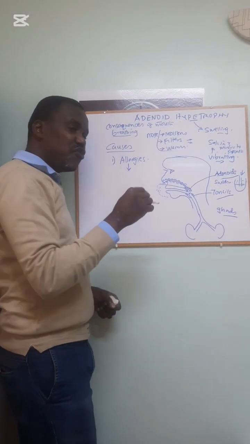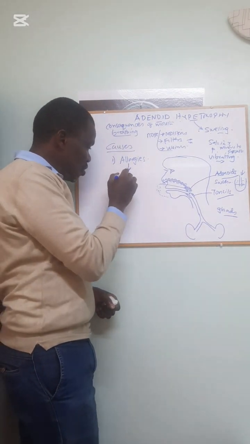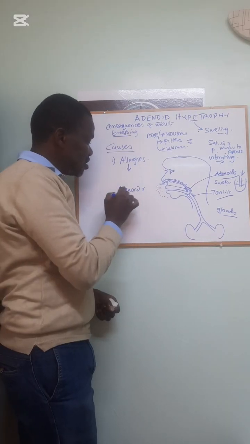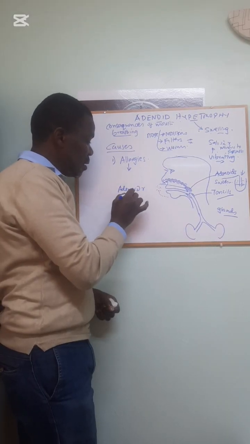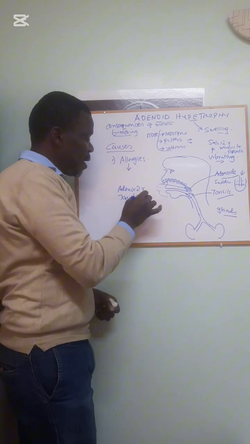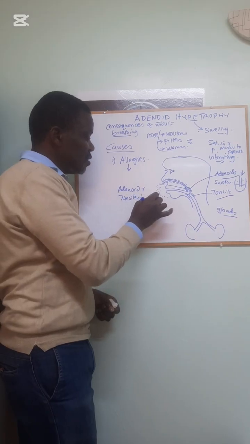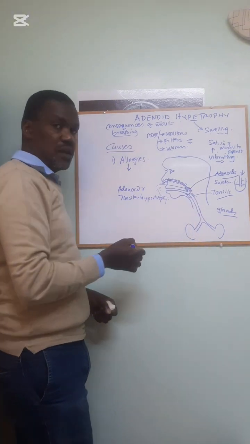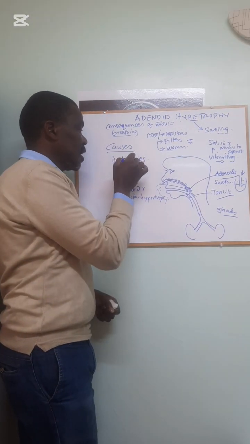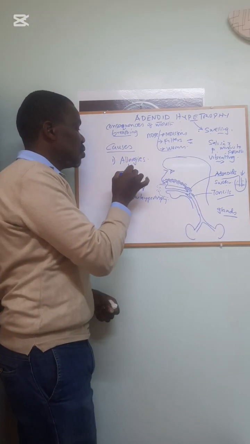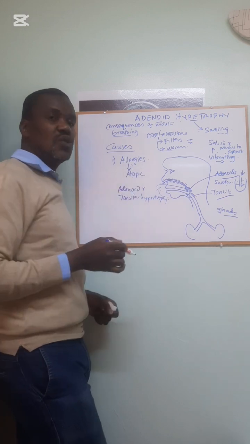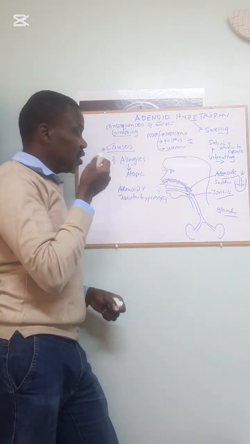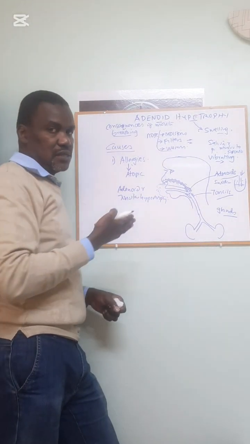Allergies will start from birth, and along the way it will present as adenoid and tonsillar hypertrophy. The adenoids will be swollen, the tonsils will be swollen because of a child who is, we say a child who is atopic. A child who has inherited genes that are responsible for allergies from the parents.